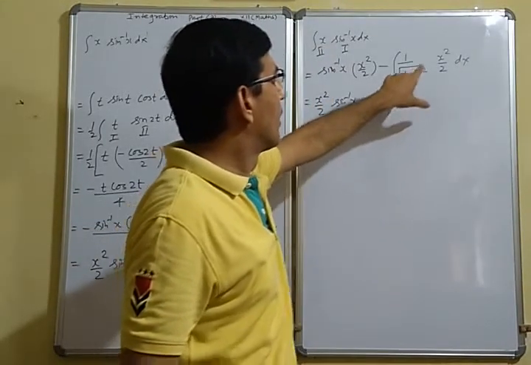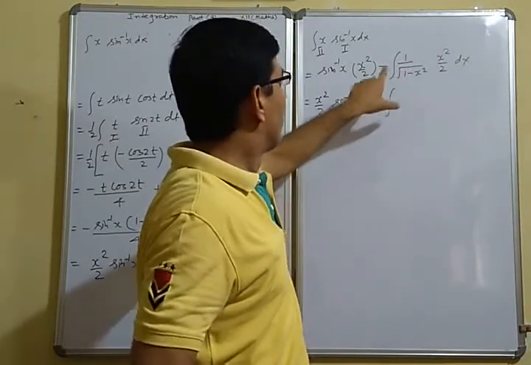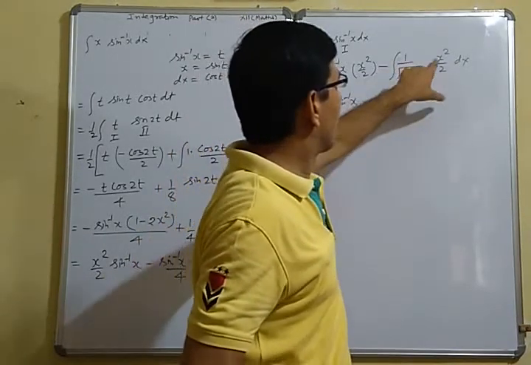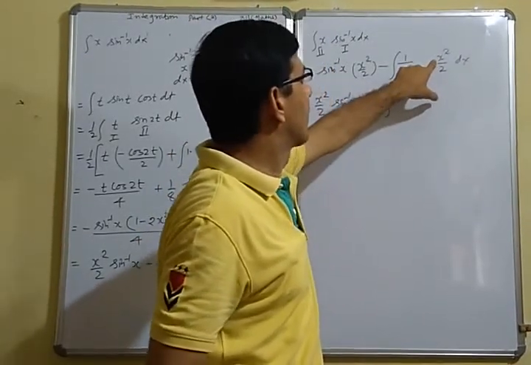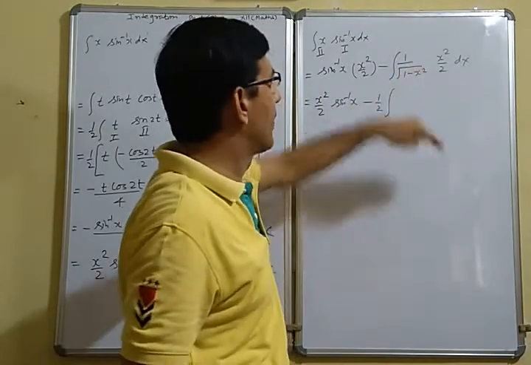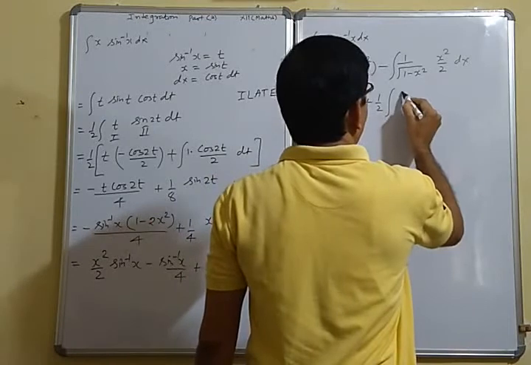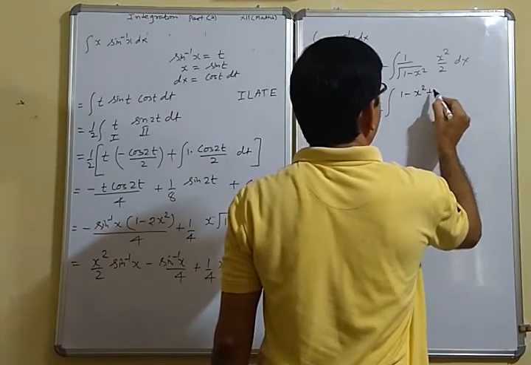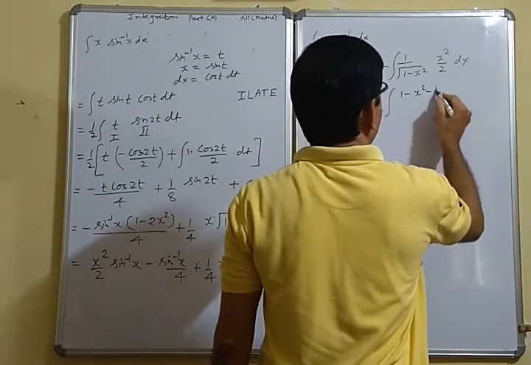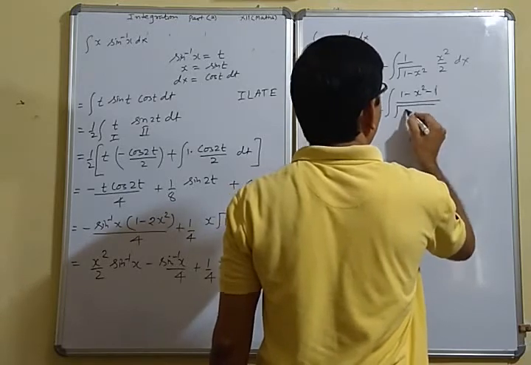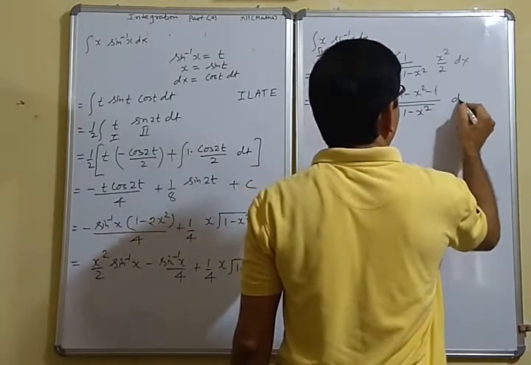Now here, in the numerator we have x square, so take the minus sign, it becomes minus x square, add 1 and subtract 1. So it becomes plus 1 minus x square plus minus 1 divided by under root 1 minus x square dx.